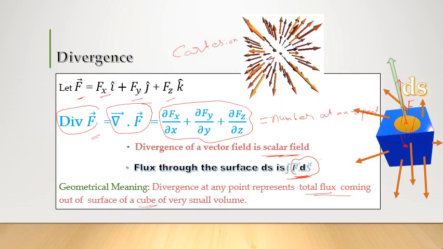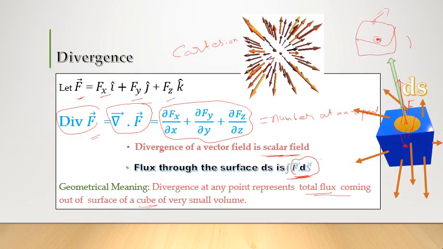Why small? Because I am interested only in this point, how the field is varying. Therefore, if we take larger or bigger cubes, then it takes into account the vectors at very far away points. But I am interested only in the small region around this point.